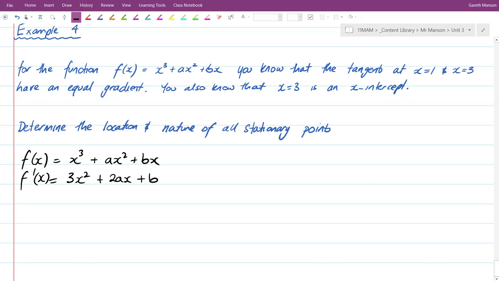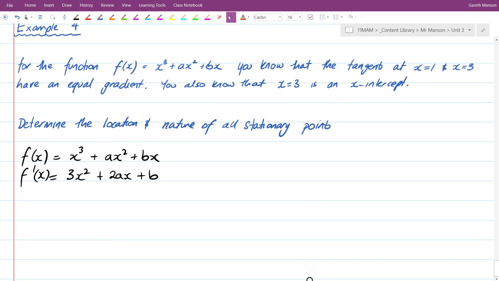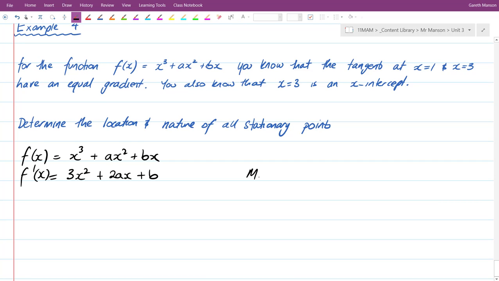That's our derivative. We get the gradient of a function at a point by using the derivative. So I've derived it, and we know that m at x equals 1 is equal to m at x equals 3. That's given to us here. So I'll call that number 1.